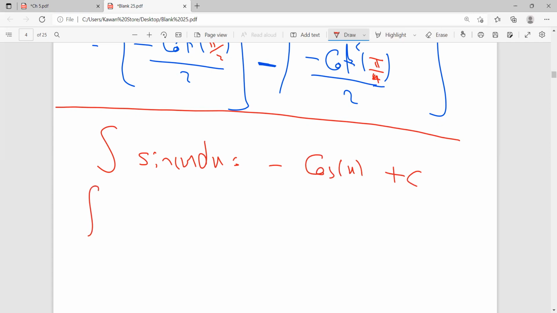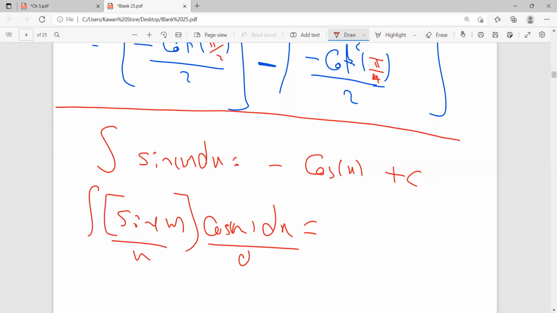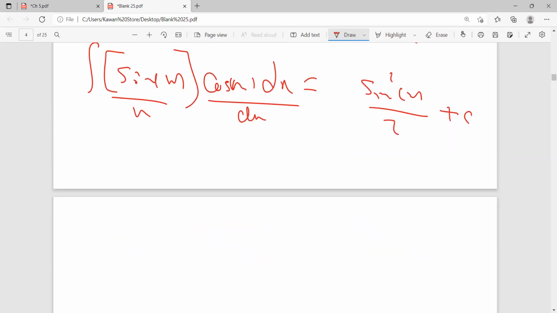But if I have sine with cosine of x, I'm going to use u and du. Understood? Here I say it is equal to sine squared of x over 2 plus c. You got it? If I have sine squared of x, how do we solve that one? We cannot directly solve that one. We should change it, then solve it. It depends on the example. There is no single rule for everything.